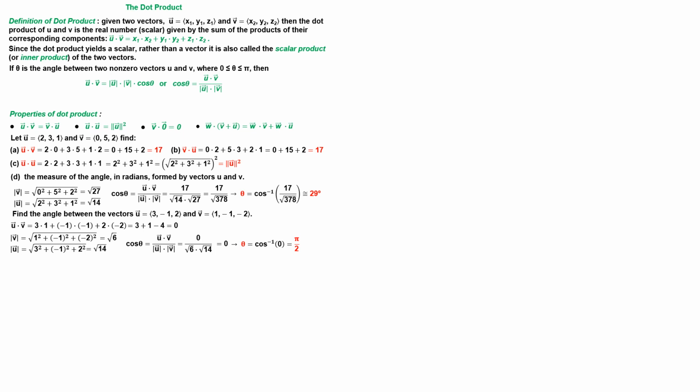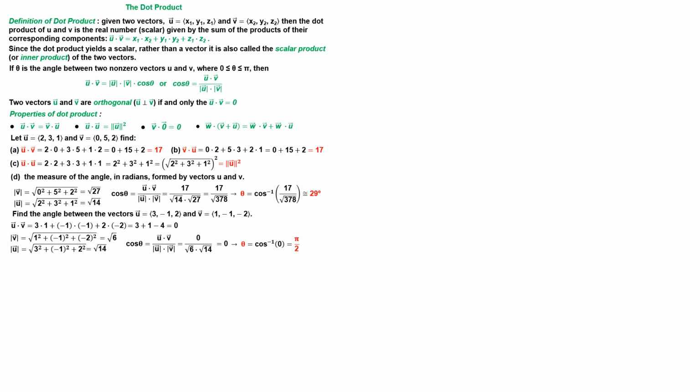We can state that two vectors u and v are orthogonal if and only if the dot product between them is 0.